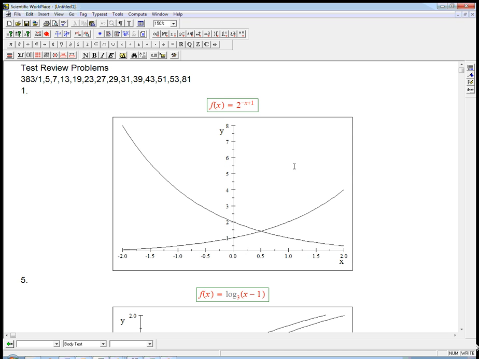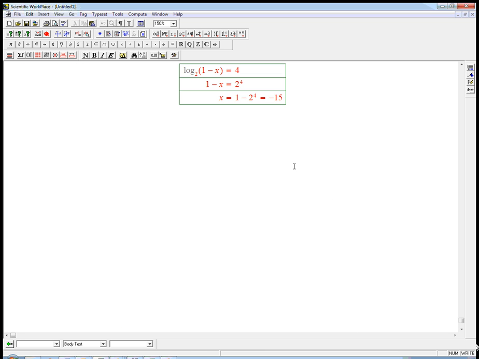And then one more, 81. Little applied problem with money. We love money. We got $12,000. So P equals $12,000. R equals 10% or 0.10. And T equals 3 years. And so A, we've got the amount after the end of 3 years.